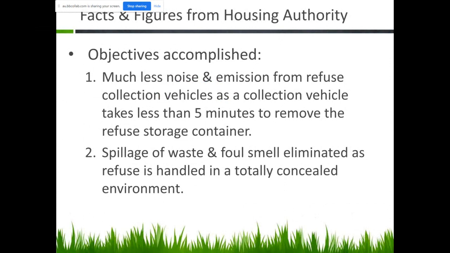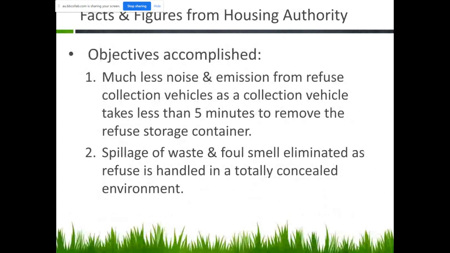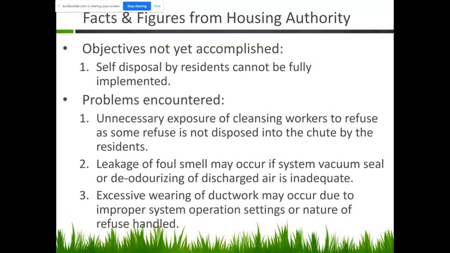If you use this system, it is good for reducing the manpower needed to collect the solid waste, and it eliminates the smell and wastewater that come from the solid waste.